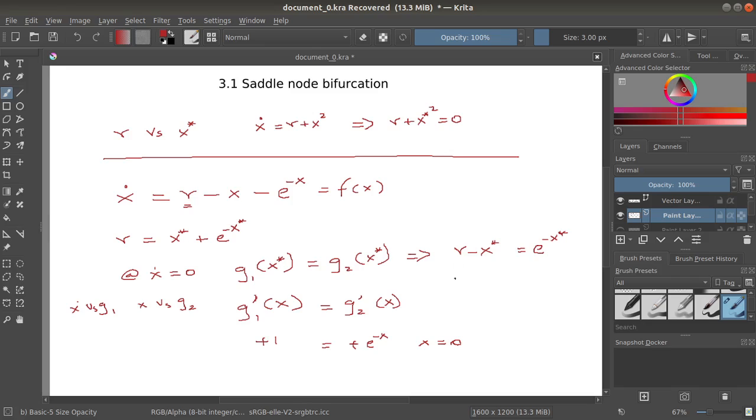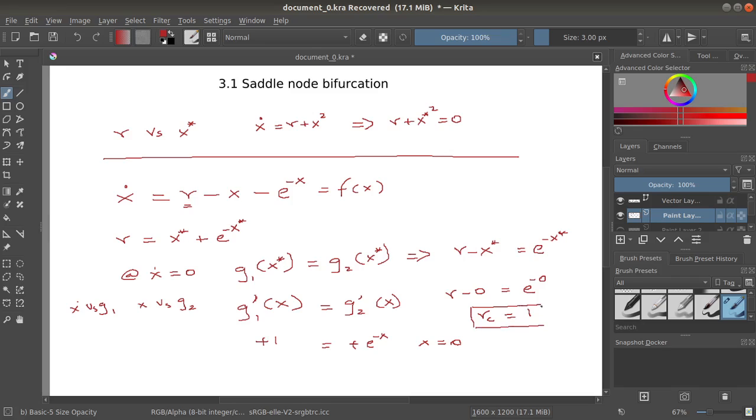What do I get for r? r minus 0 is equal to e to the power of minus 0. So on this side I get just r, which is equal to e to the power of 0, which is just 1. Let's call that the critical r value.